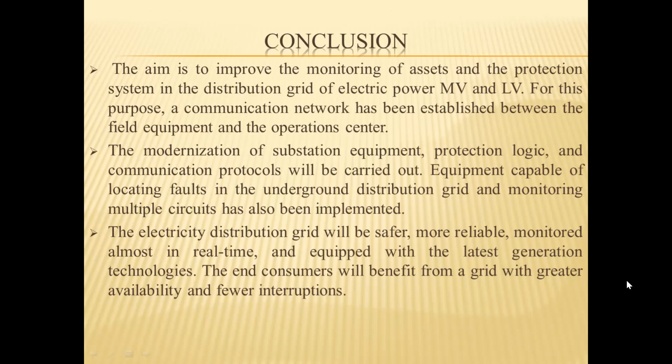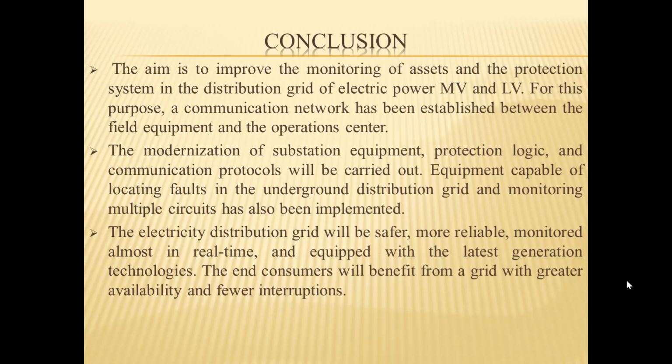Conclusion: the aim is to improve the monitoring of assets and the protection system in the distribution grid of electrical power, MV and LV. MV is medium voltage and LV is low voltage. For this purpose, a communication network has been established between the field equipment and the operator center. The modernization of substation equipment, protection logic, and the communication protocol will be carried out.